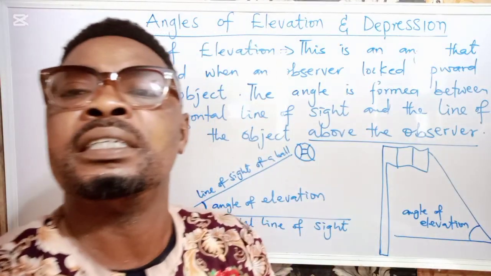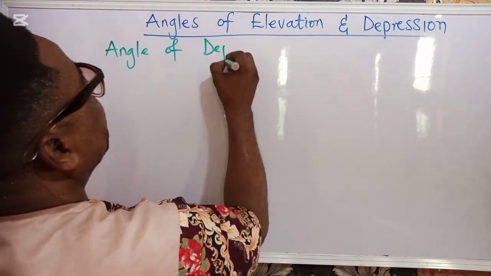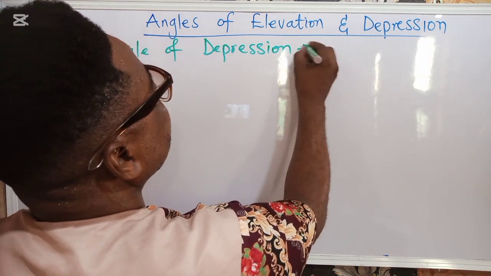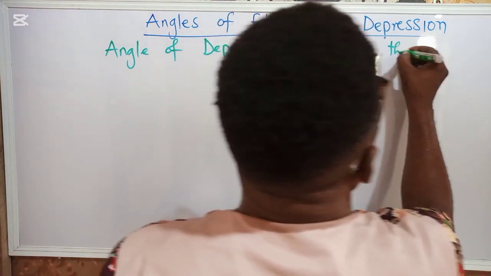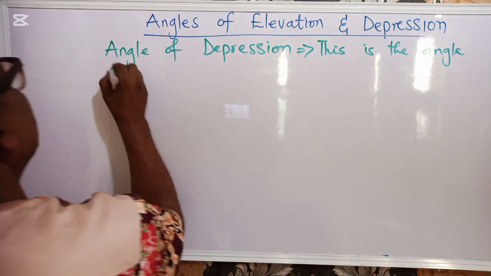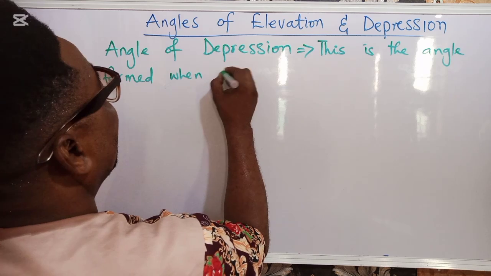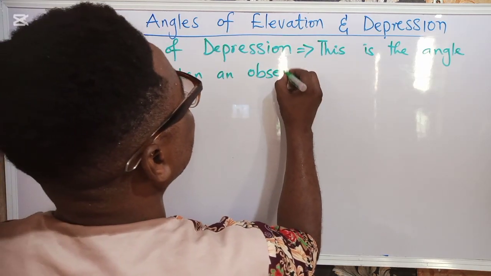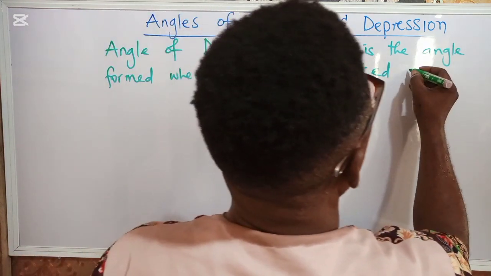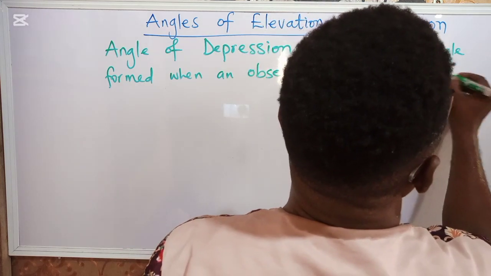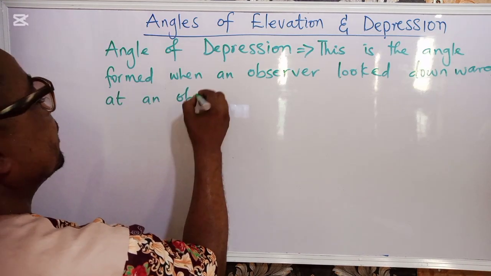Now, let us explain the angle of depression. Angle of depression is the angle formed when an observer looked downward at an object.